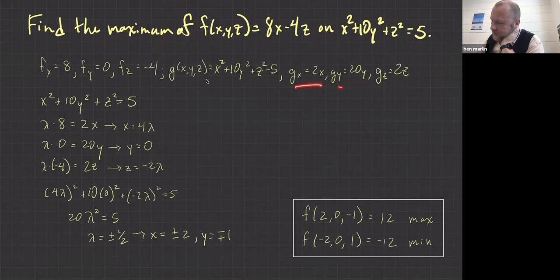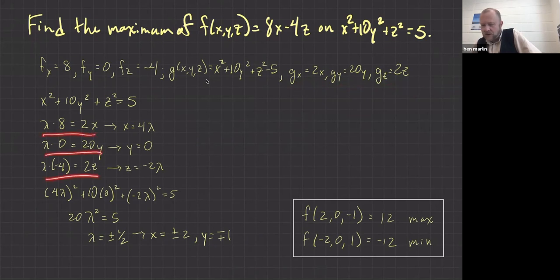So you get your g sub x, your g sub y, your g sub z, and then you have to go back through and let the lambda be multiplied by one side or the other on those. I keep multiplying my lambda times the f. There's no real need for that. It can be times the g as well.